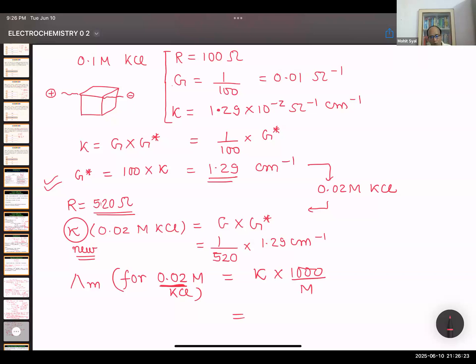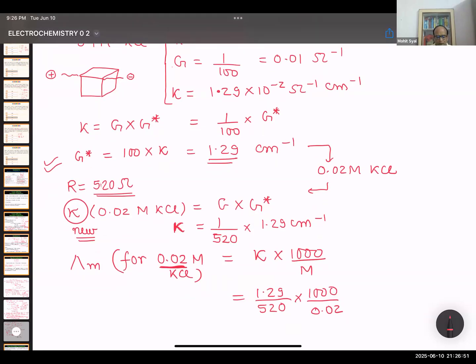That is the volume in cubic centimeter. So new kappa is 1.29 divided by 520. We have it above. This is the new kappa value, into 1000 by molarity 0.02.